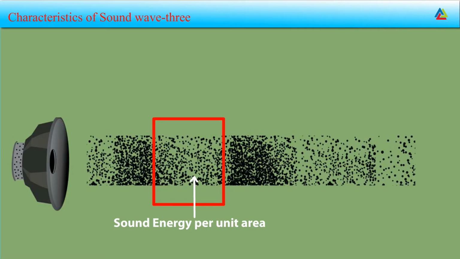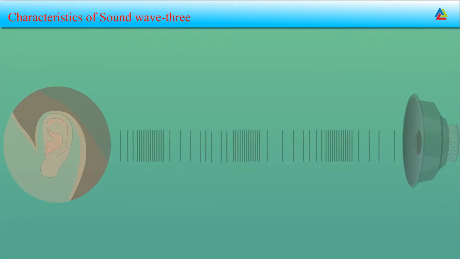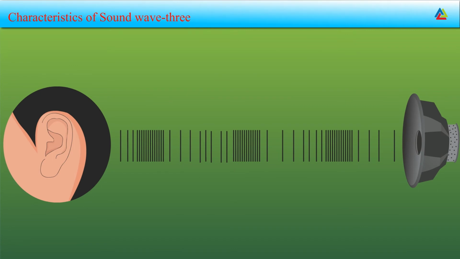Sound energy passing each second through unit area is called the intensity of sound. We sometimes use the term loudness for intensity, but they are not the same. Loudness is a measure of the response of the ear to the sound.